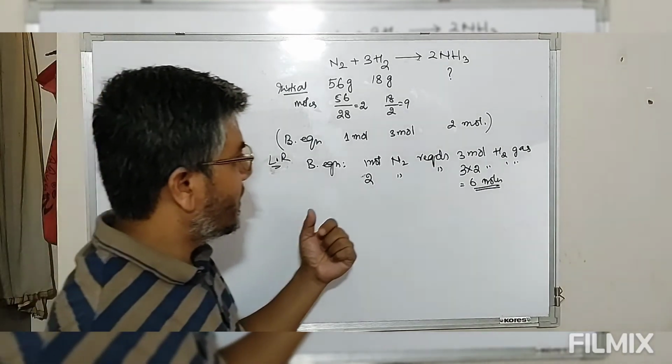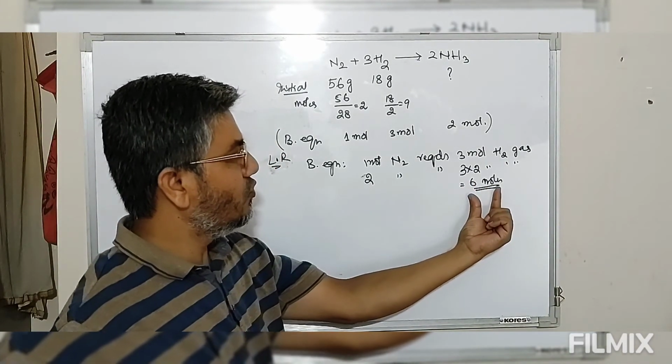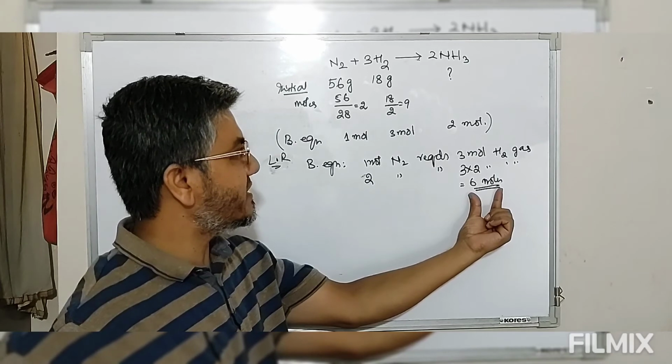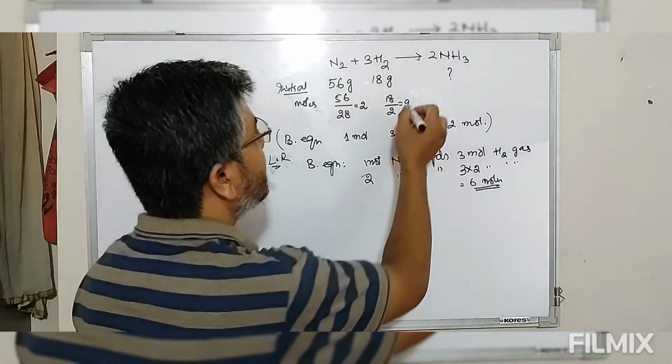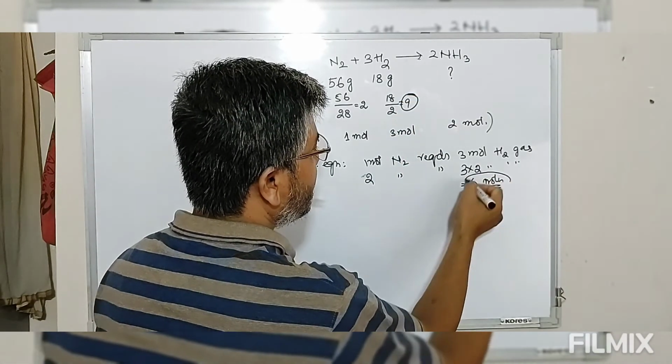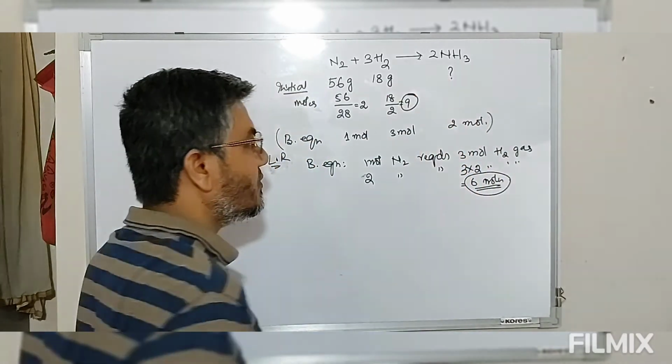Now look at this. The requirement of hydrogen for 2 moles of nitrogen is 6. But how much is present? So the requirement is less than the initial amount present.